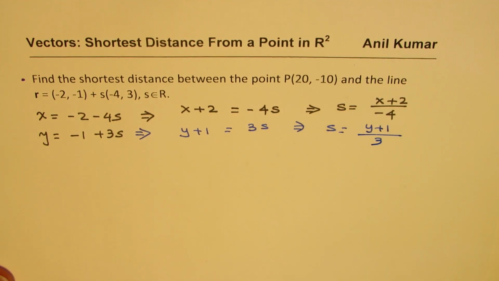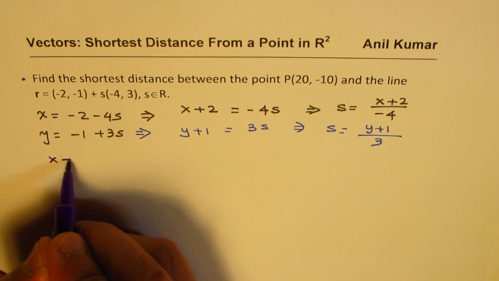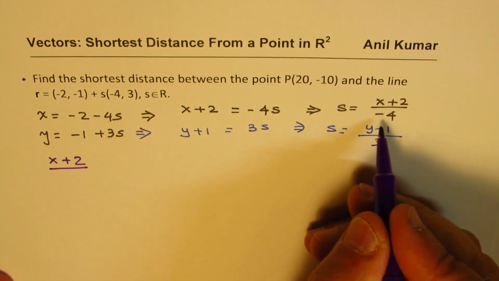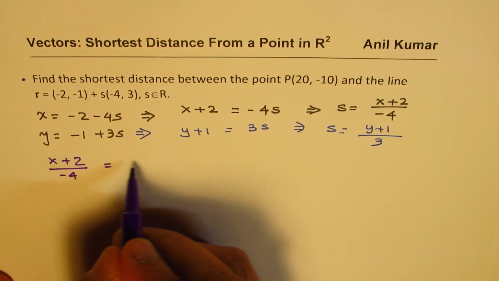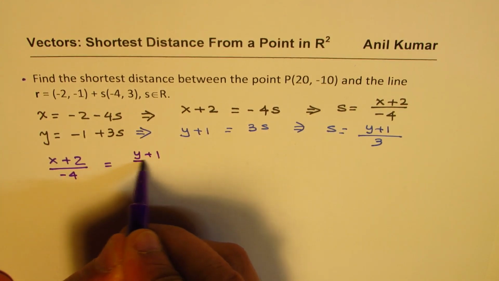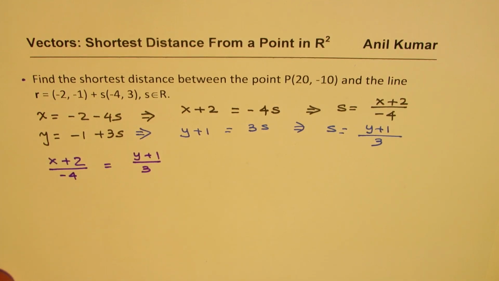Now both should be equal, correct? So we get x plus 2 over minus 4 equals to y plus 1 over 3. Now we can cross multiply and then solve, correct?